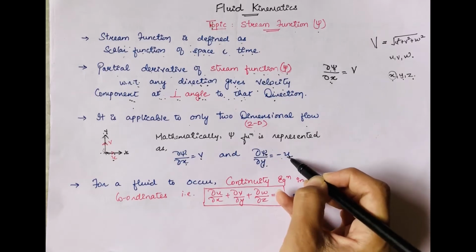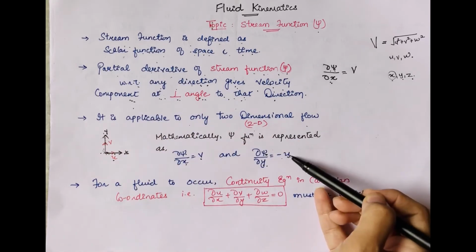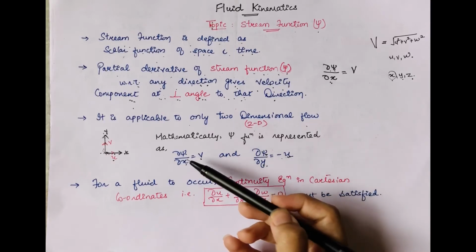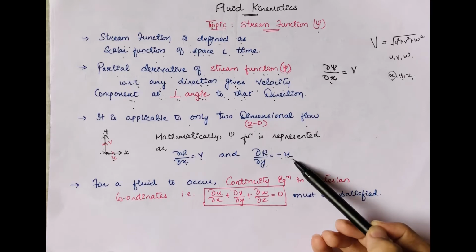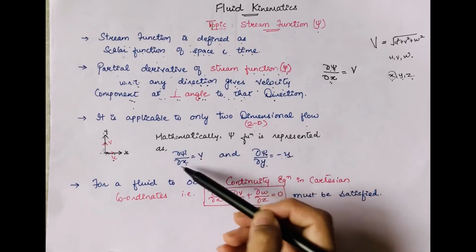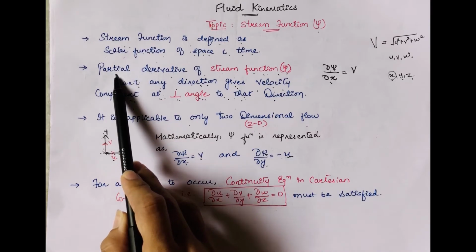Here minus u is taken, but we are going to consider it as a scalar function only, so there is no importance of this minus sign. So del psi by del x is equal to v and del psi by del y is equal to minus u. This is the mathematical representation of the definition of stream function.